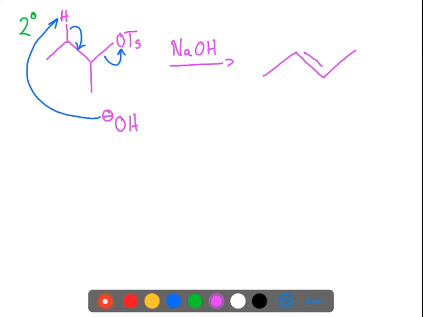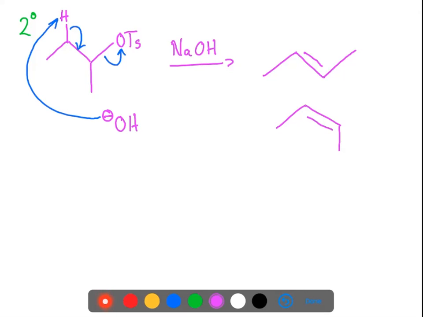And as you can see, we're going to have potential stereoisomers generated in this reaction, with the trans isomer being the more stable of the two. So the trans will be the major product, cis will be the minor product.